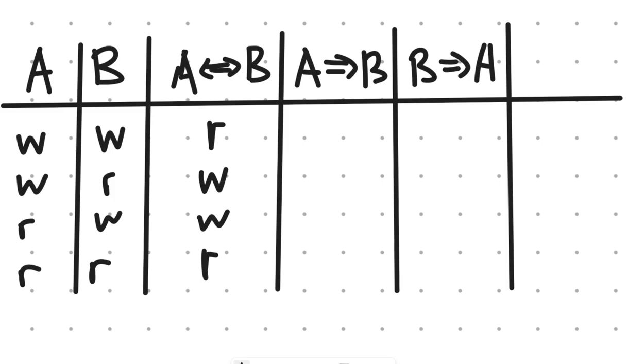If something wrong or right goes to something wrong, then it's always wrong, unless you have something wrong going to wrong. Okay? And if something wrong or right goes to something right, then it's always right, since the implication goes from something to something that is always right.